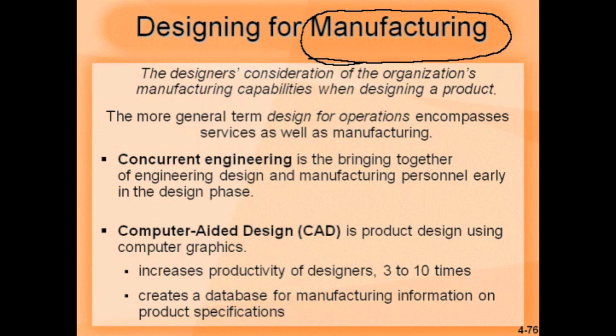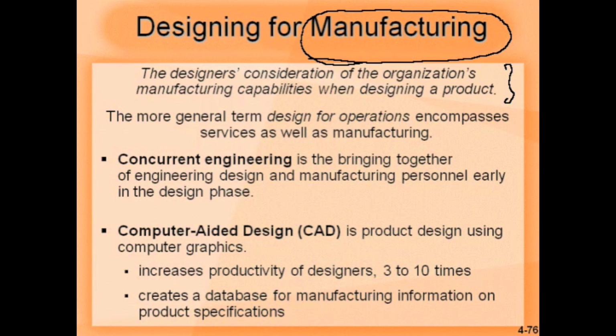The idea is that while designing itself, you look at the manufacturing capabilities and resources, and then make those designs so that they will be more easily produced. It is the designer's consideration of the organization's manufacturing capabilities when designing a product. When it is overlooked, a lot of problems occur.